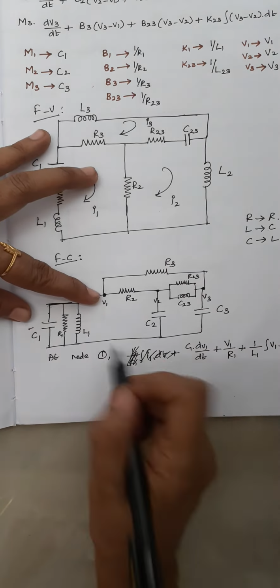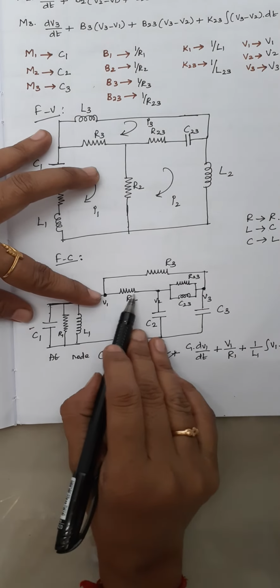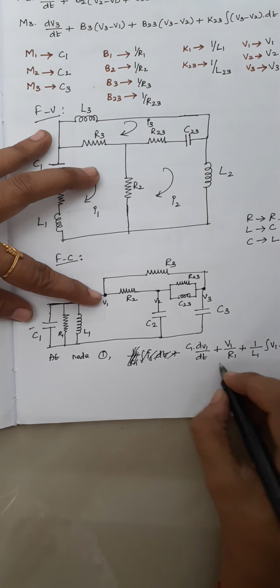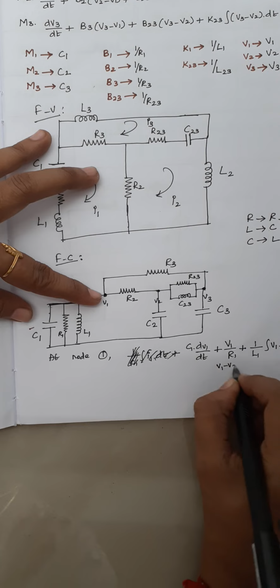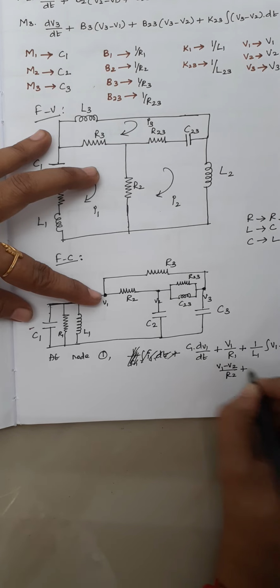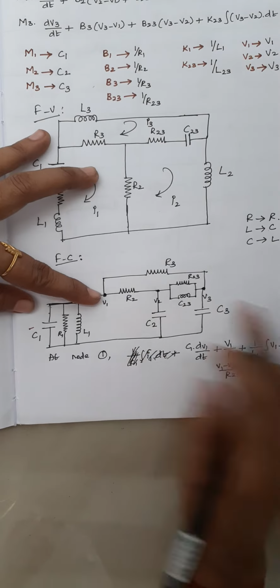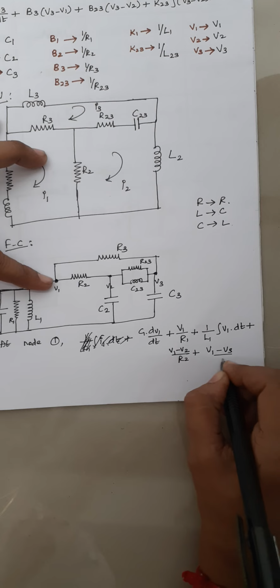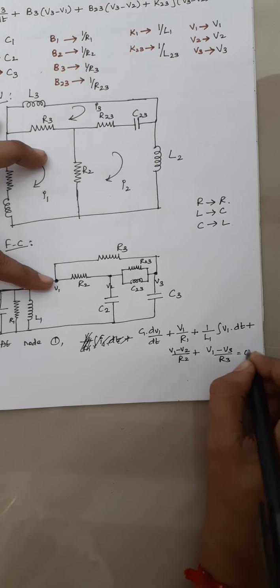And the next one is we have to write expressions for this R2 and R3, right? For R2 we write V1 minus V2 divided by R2, plus, and R3 is connected between V1 and V3, so we write V1 minus V3 divided by R3, and this is equal to 0.